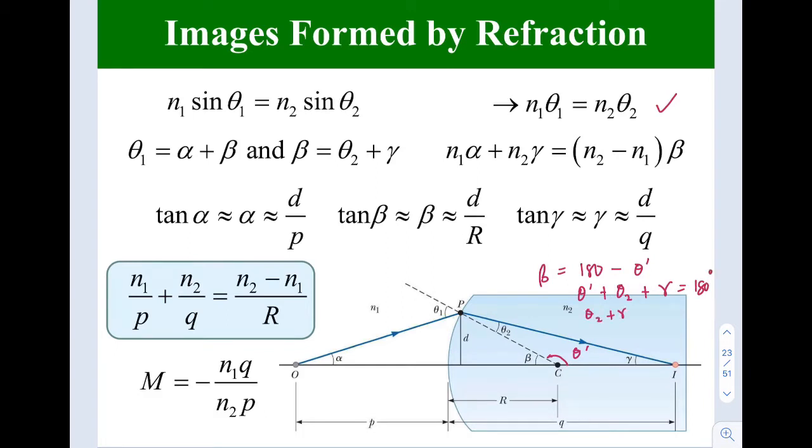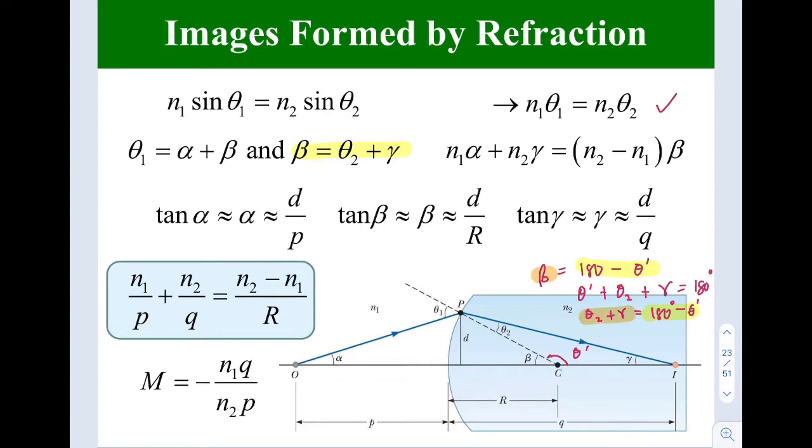Theta 2 plus gamma is equal to 180 minus theta prime, which is similar to this. That is how we can conclude that beta is equal to theta 2 plus gamma.